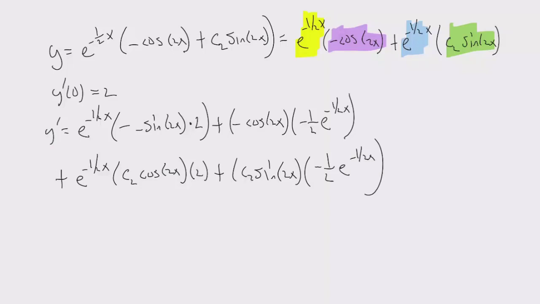Okay. And keep in mind, I'm putting 0 in for a lot of this. So some of these things are just going to become 1s and some are going to become 0s. So I can do a little bit of canceling, and focus on the stuff that really is going to matter at the end. Let's see. The 0s are going to be sines.